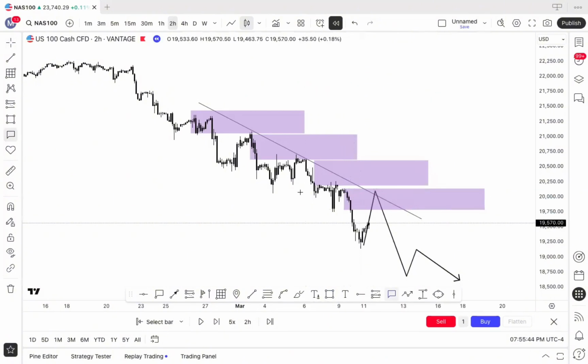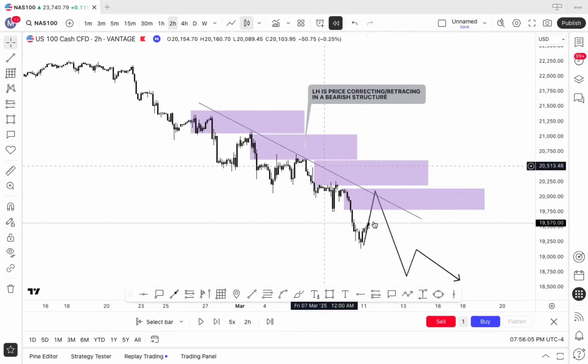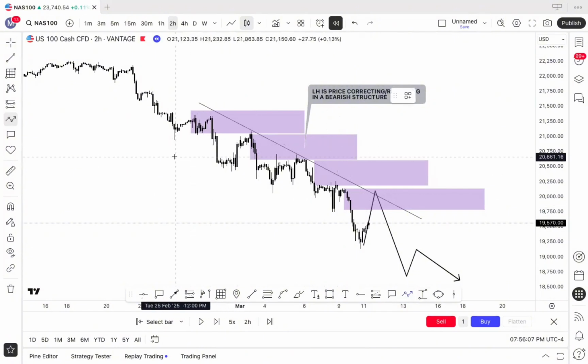So, lower highs, aka LH, is price correcting, aka retracing in a bearish market. We can't just go in one direction the entire time. Price has to come back up to create some type of structure just like this, right?